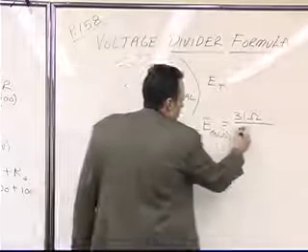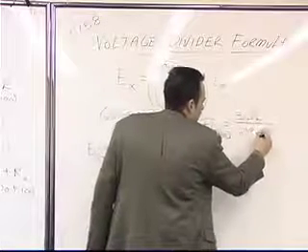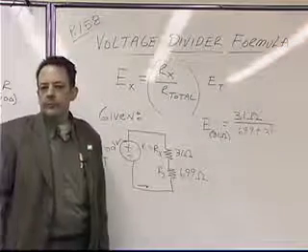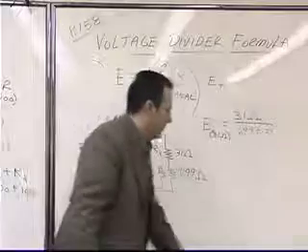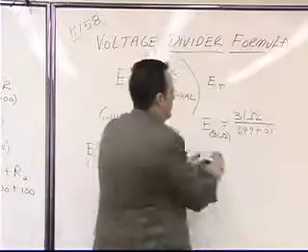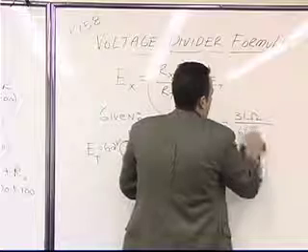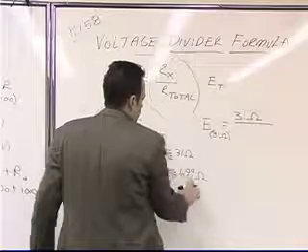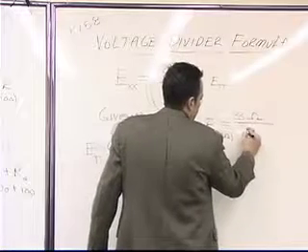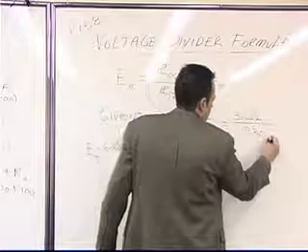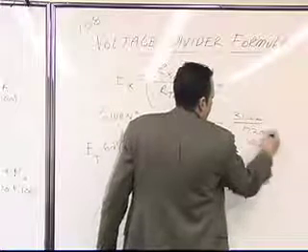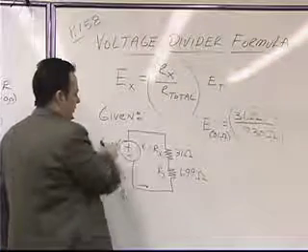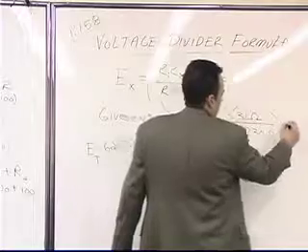Well, that would be 699 plus 31. What is that? 730. So I'm going to erase that and write down the sum of 31 and 699. So that would be 730 ohms. And then this is multiplied by what?